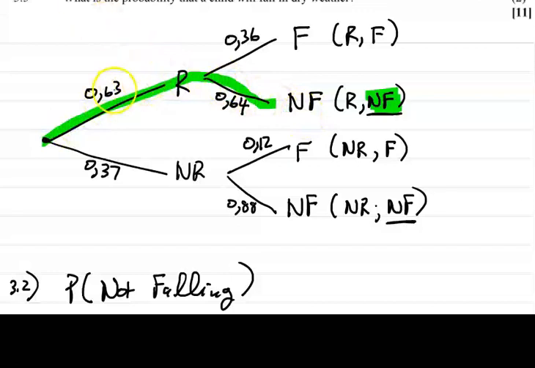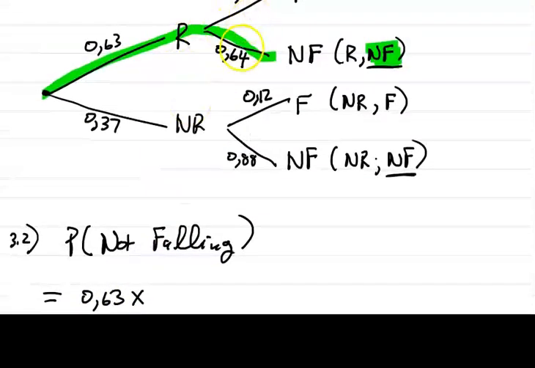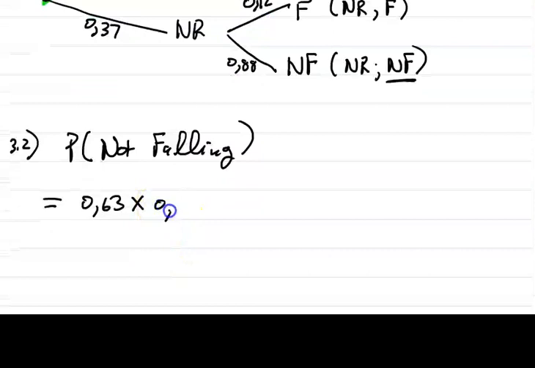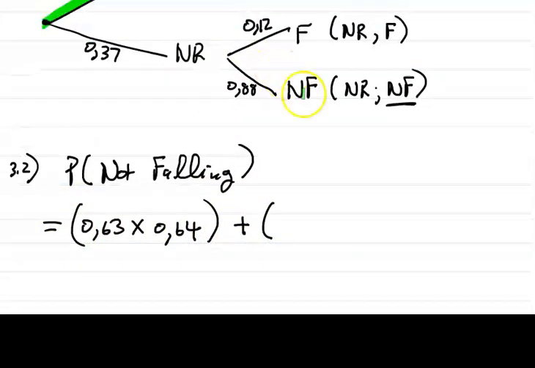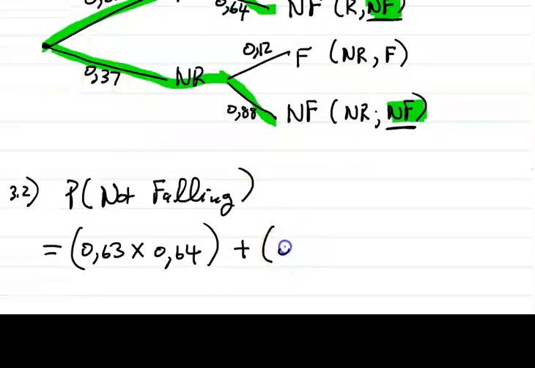So it's now going to be 0.63 times 0.64 plus, also not falling is here, so we're going to follow it down to the root. It's going to be as follows: 0.37.